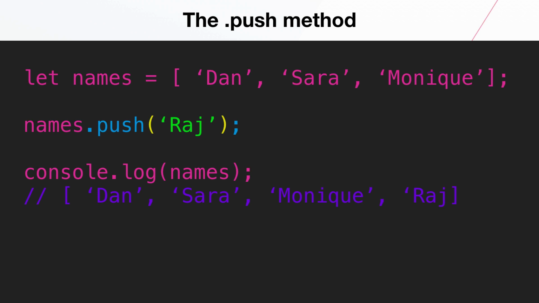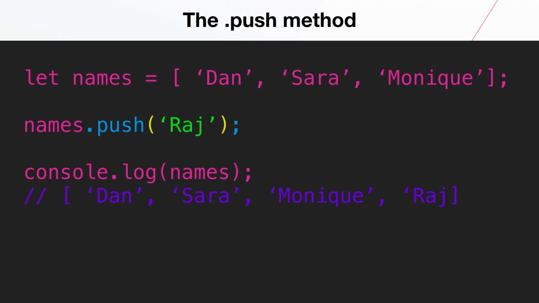To use it, we put a dot after the name of our array. We say push, and since it's a method, we need to use parentheses. Inside those parentheses, we give it the data item that we want to add to that array. Push always adds the item to the very end of the array.